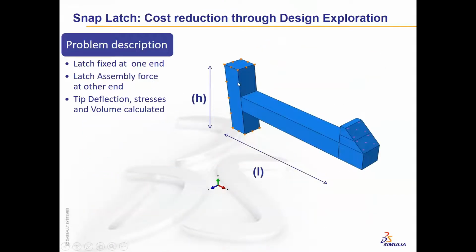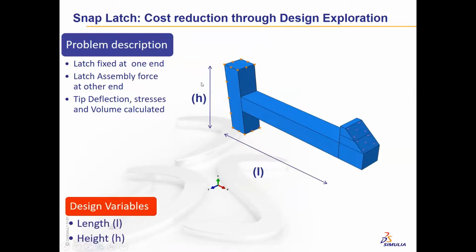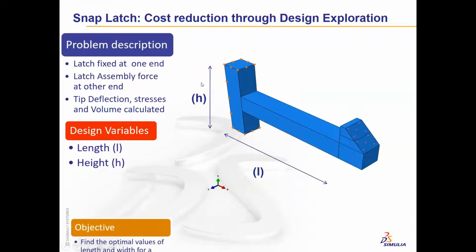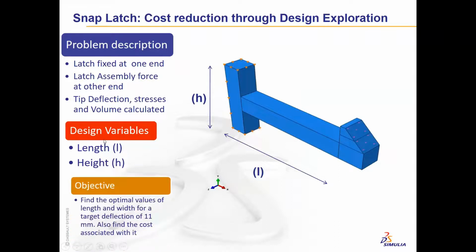This has some parameters, and this part is fixed here, and we are applying some level of load here. We just wanted to see how changing a couple of parameters here affects your output. So the objective is to modify these two parameters, the length and the height.